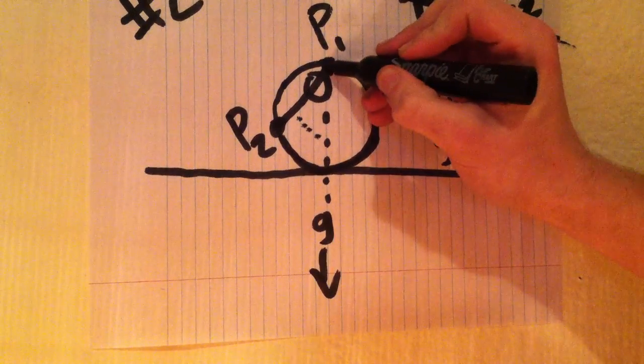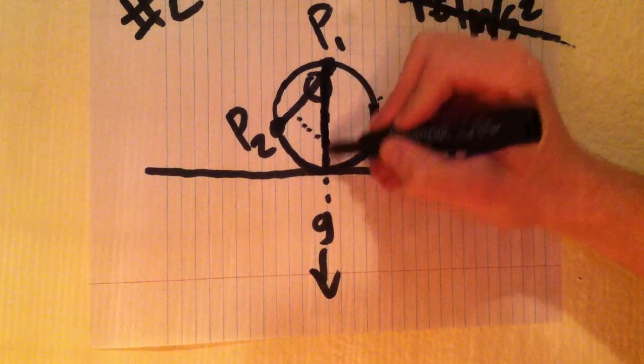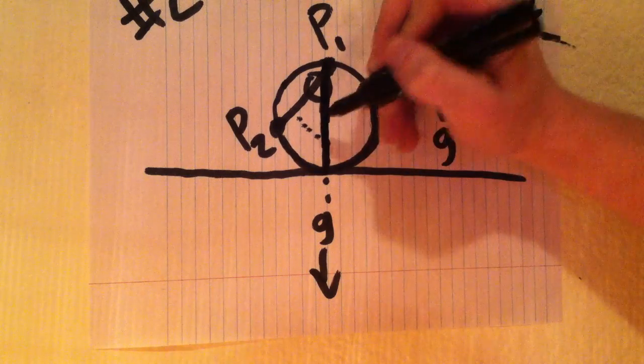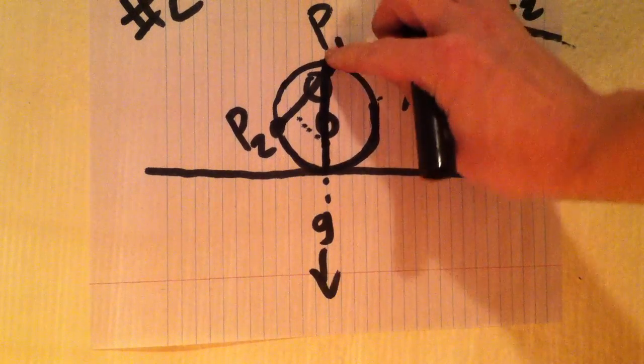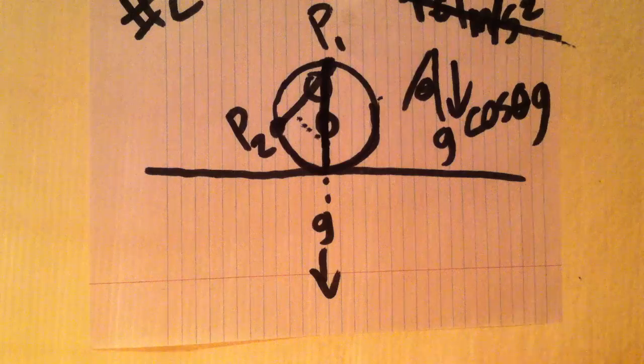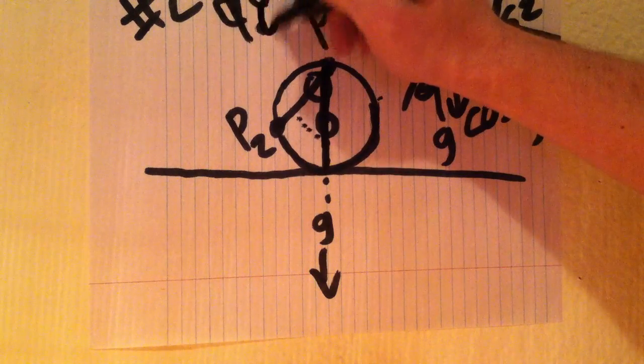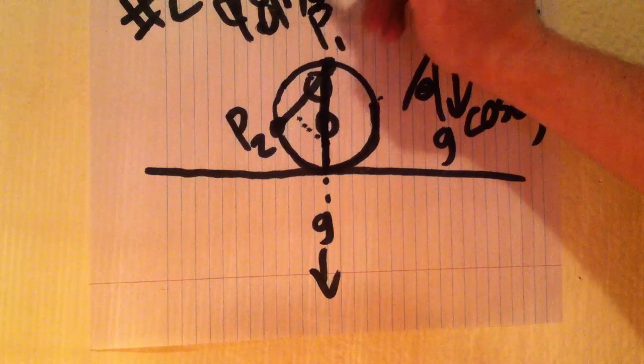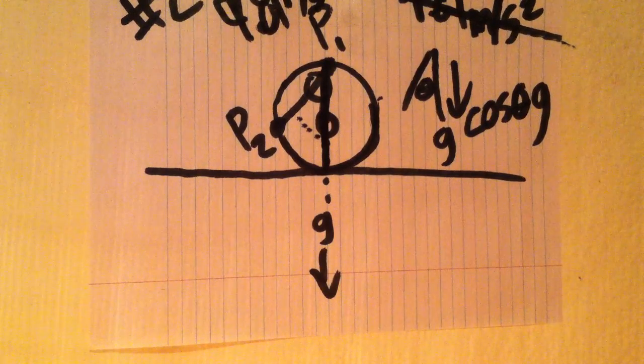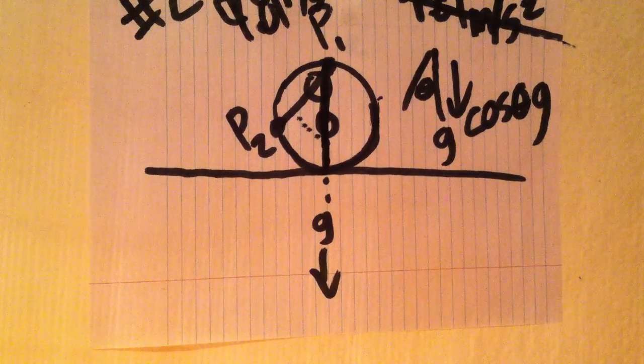If the string was suspended straight down the hoop and the bead was made to fall directly down, it would fall at the whole 9.81 meters per second squared of gravity, because it was completely vertical. So this is where the trick comes in.